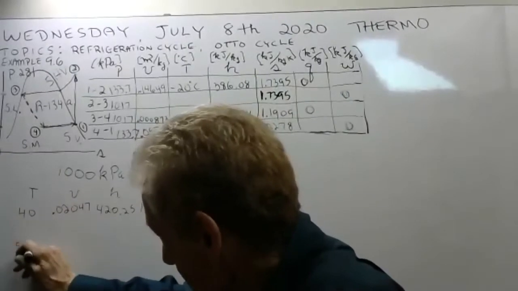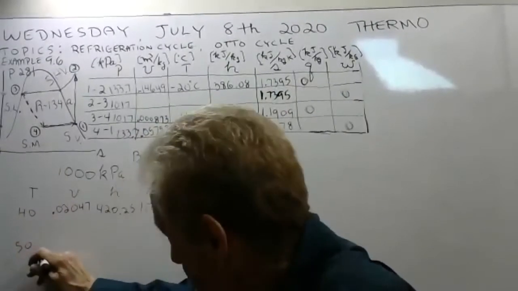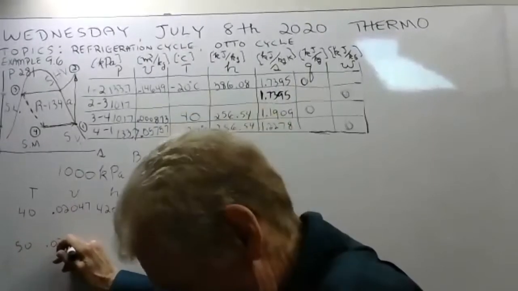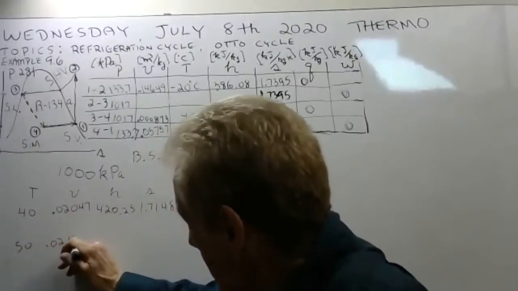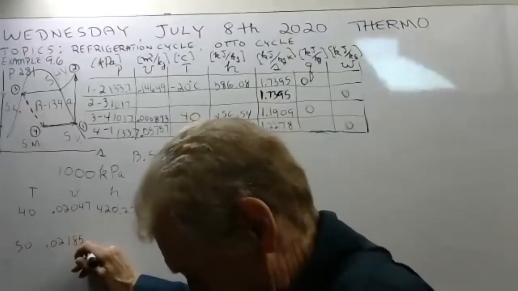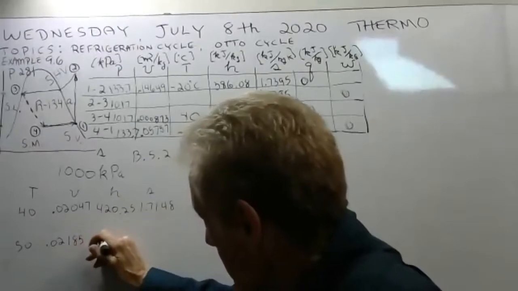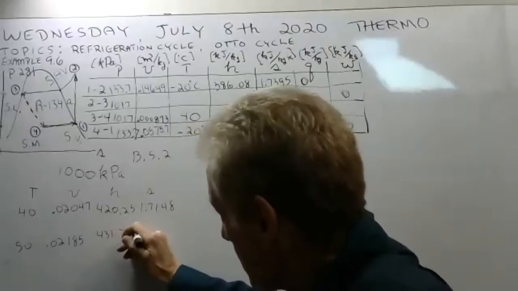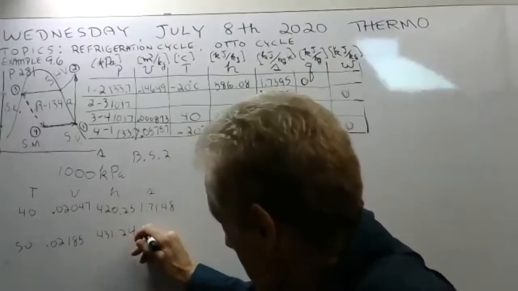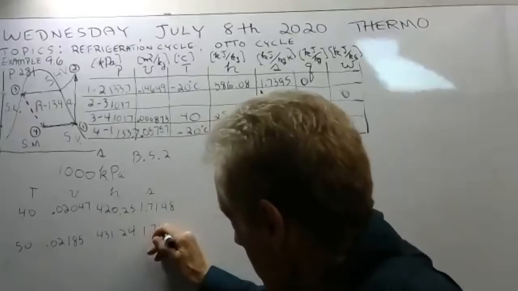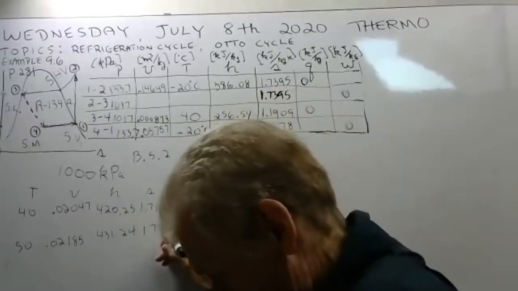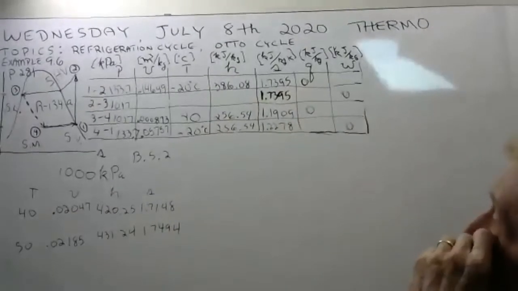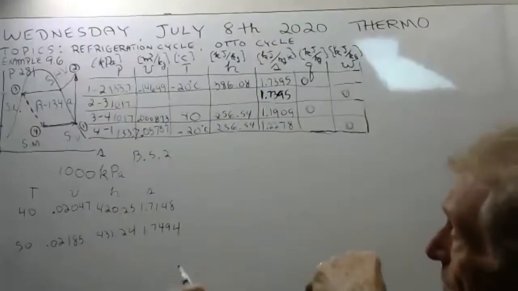And they also have it at 50 degrees. But see, what we want is 1.7395.